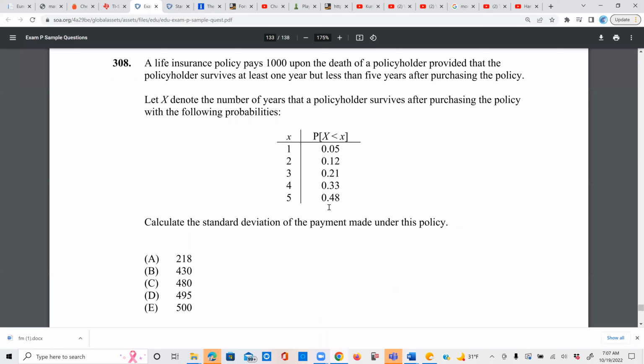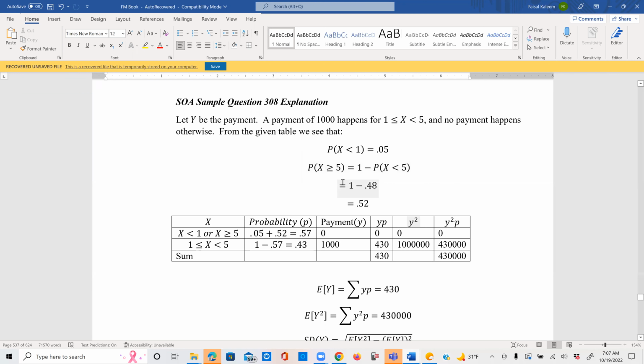And we are given that the probability of X less than 5, that's the last entry, is 0.48. So it's 1 minus 0.48, so that's 0.52. So that's the probability X greater than or equal to 5. So you see, less than 1 and greater than or equal to 5 basically take care of everything that's not in this range, greater than or equal to 1 and less than 5.